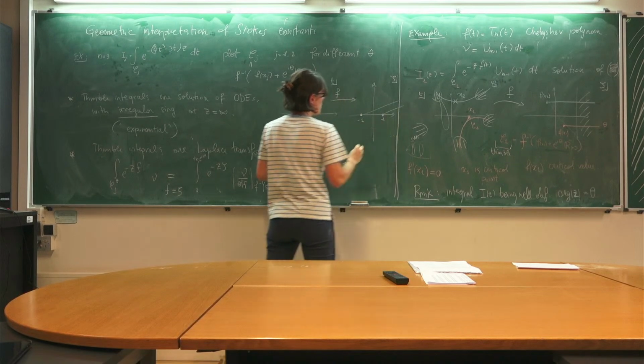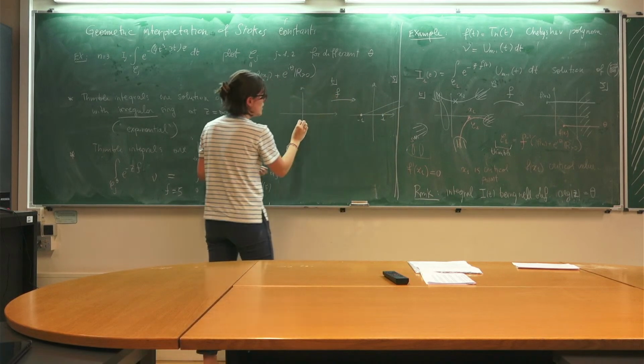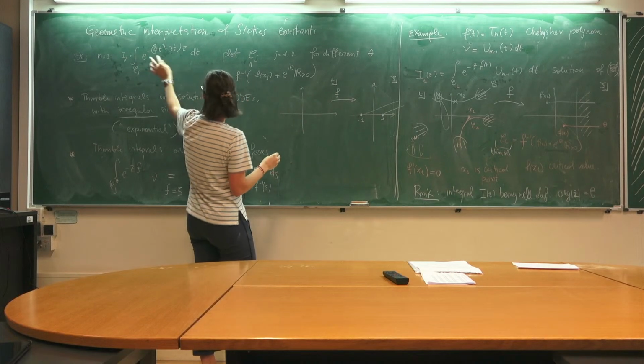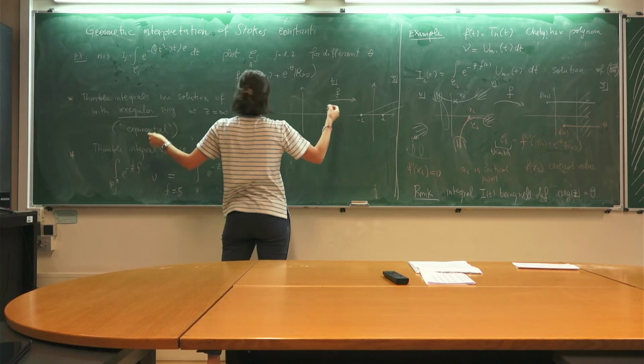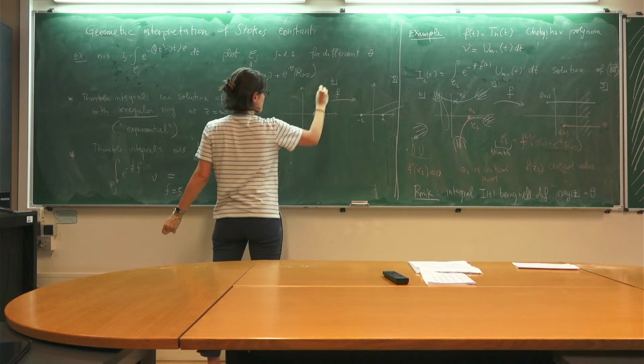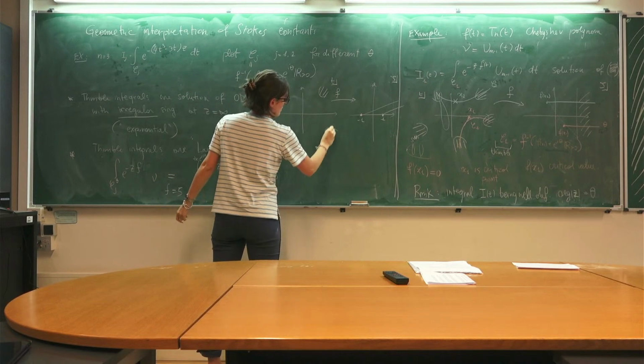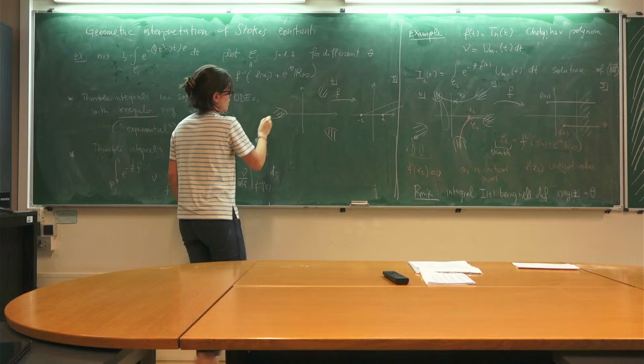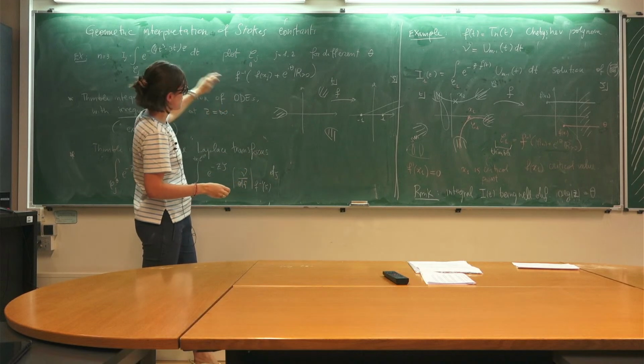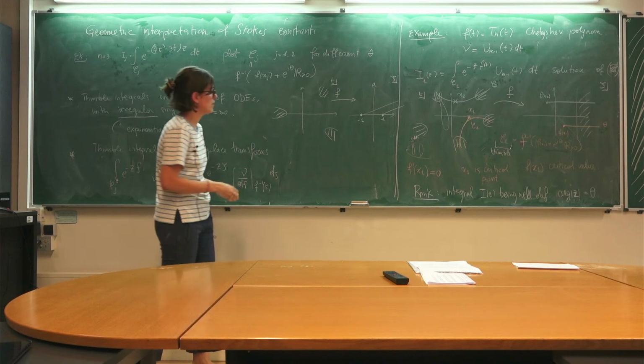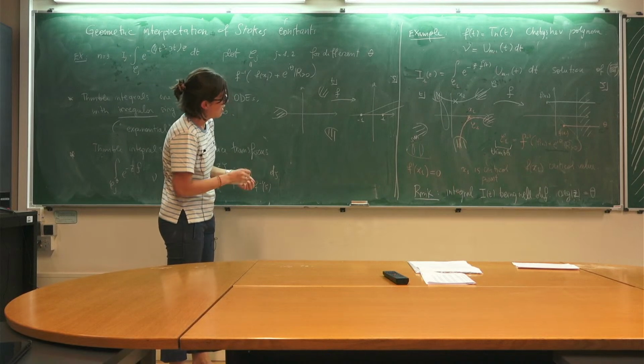So let's go a bit above the bad one. This is a degree 3 polynomial, so I have 3 pre-images of infinity, and since I have this minus sign, this one is at minus infinity.